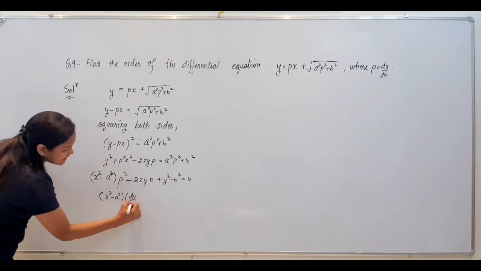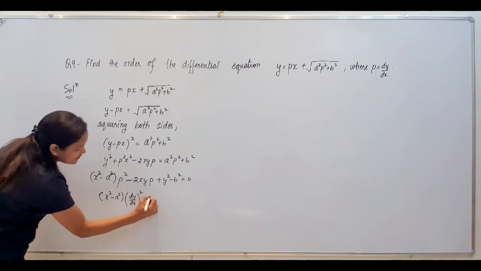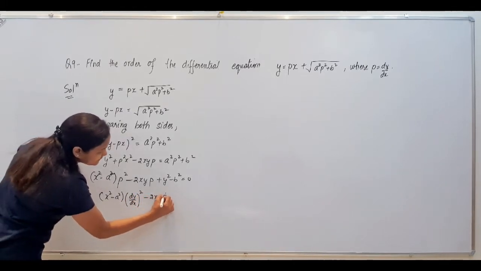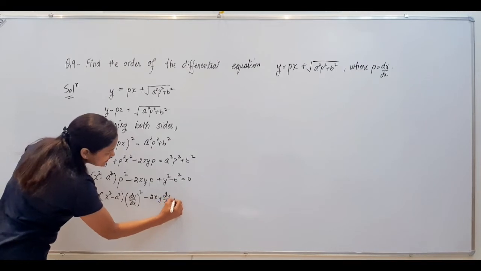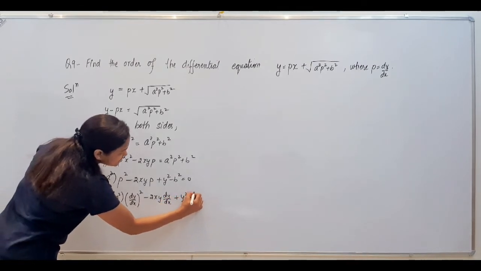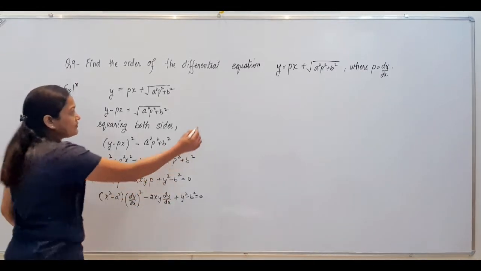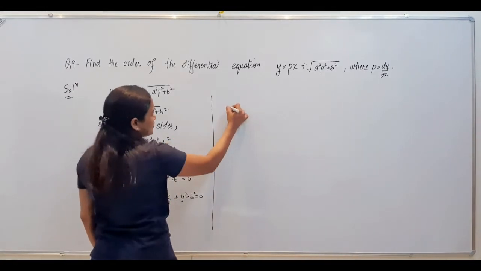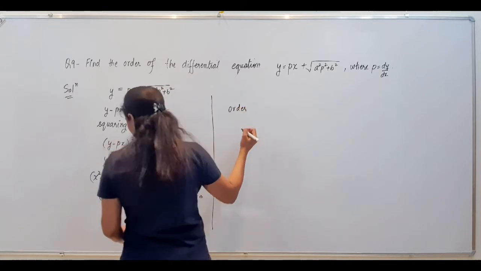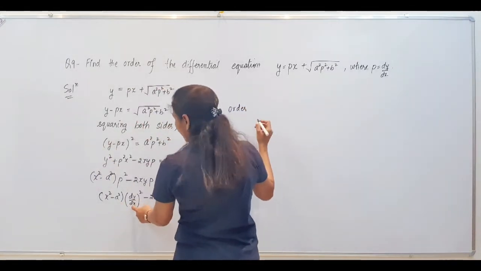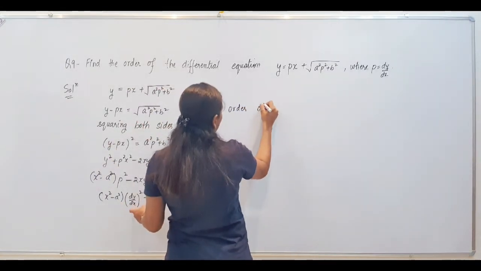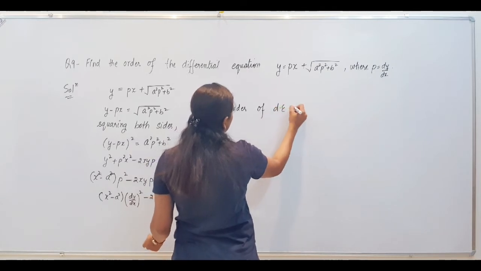So dy by dx whole square minus 2xy dy by dx plus y square minus b square is equals to 0. Now you can easily find out what will be the order of the differential equation. Order of differential equation is 1.